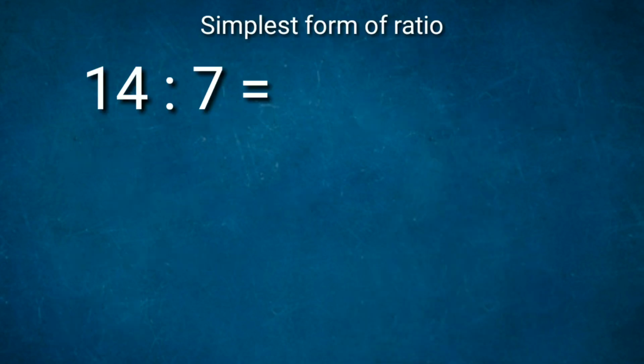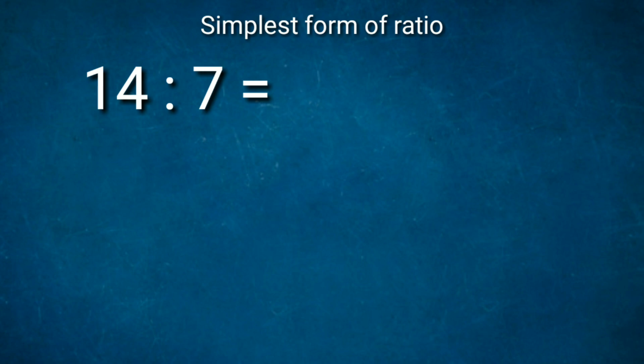Next, I will give you the next example. The question is, find the simplest form of the ratio 14:7. Let's find the greatest common factor of 14 and 7.